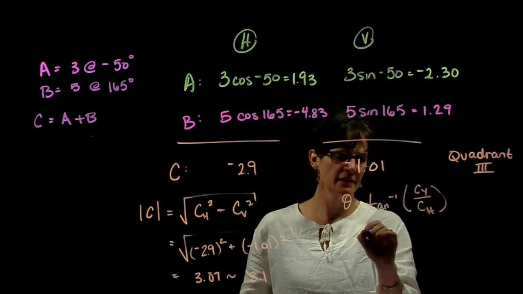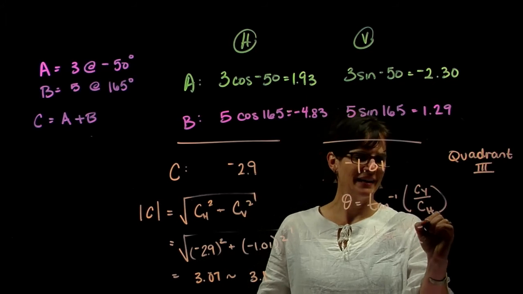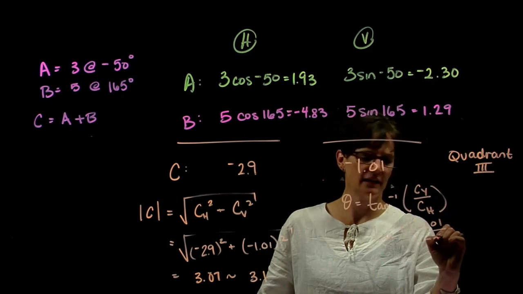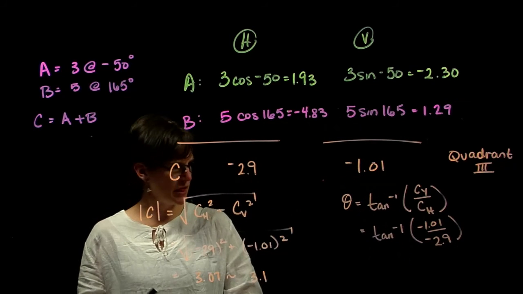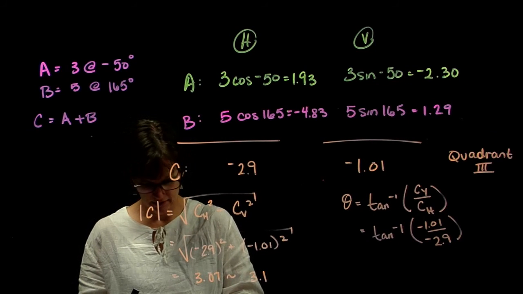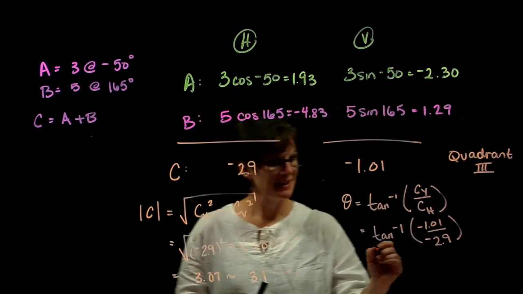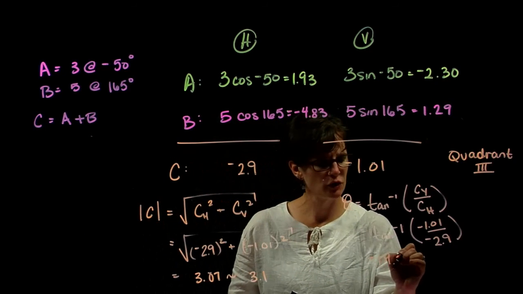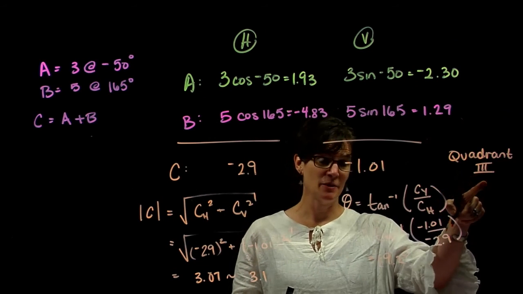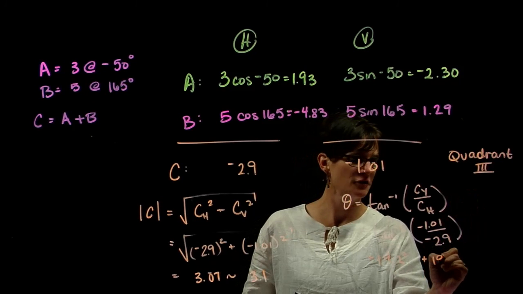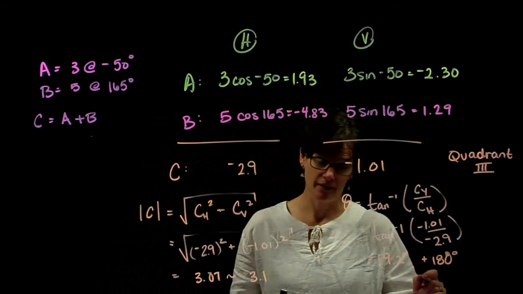All right, so 3.1 in magnitude, and my angle is the inverse tangent of the vertical component over the horizontal component. So we have the inverse tangent of negative 1.01 over negative 2.9, and that is 19.2 degrees, but that says quadrant 1, and I said it's got to be in quadrant 3, so I'm going to add 180 degrees to that, and I do not need my calculator for that.